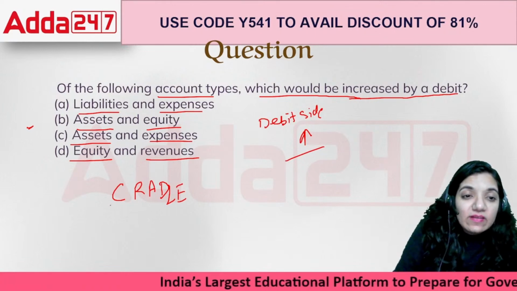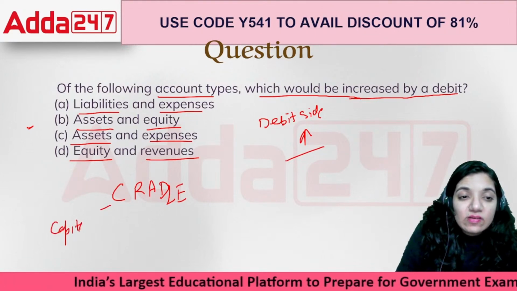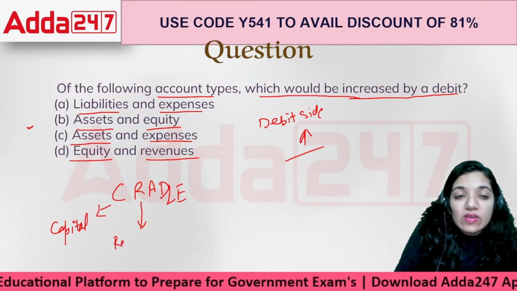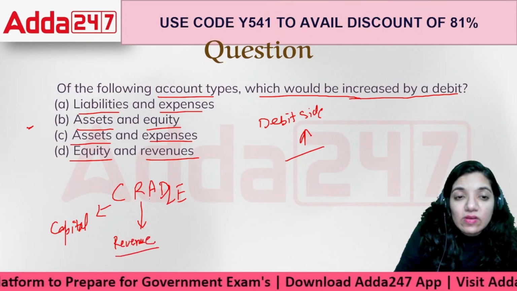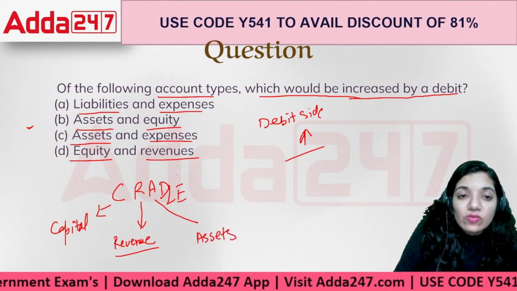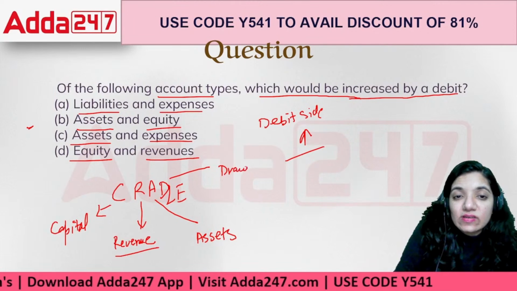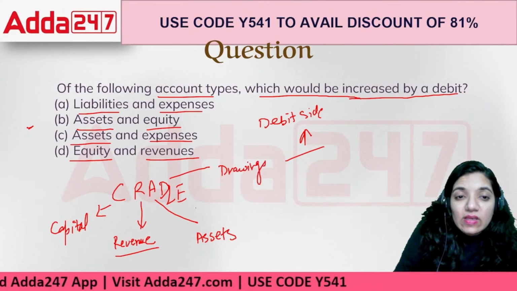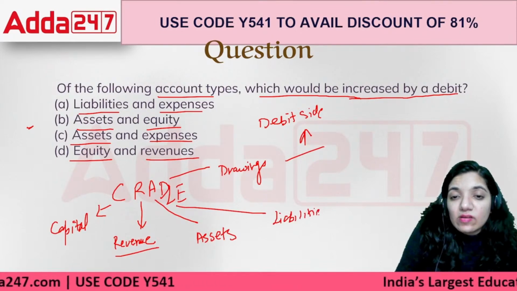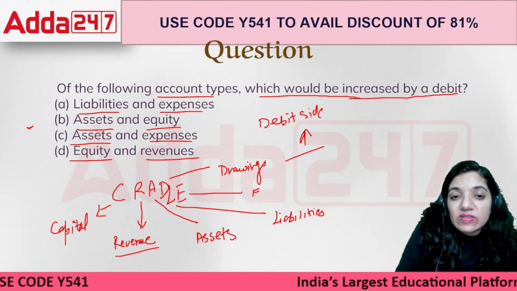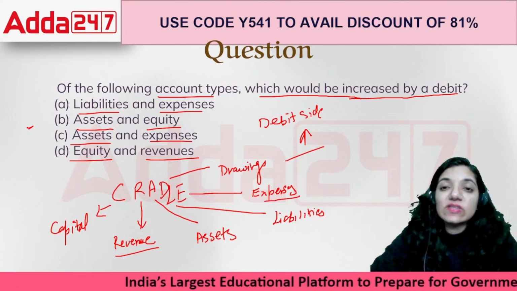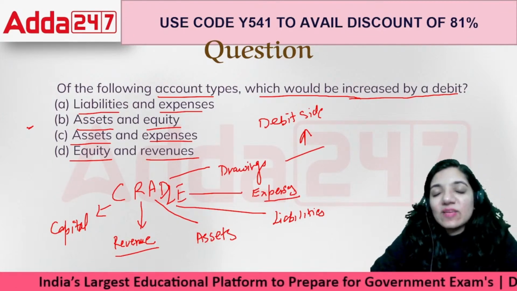In terms of CRADLE, the first is capital, second is revenue, third is assets, fourth is drawings, then fifth is liabilities, and E is expenses. Right? So this is CRADLE. CRADLE is basically the 6 elements of accounting.